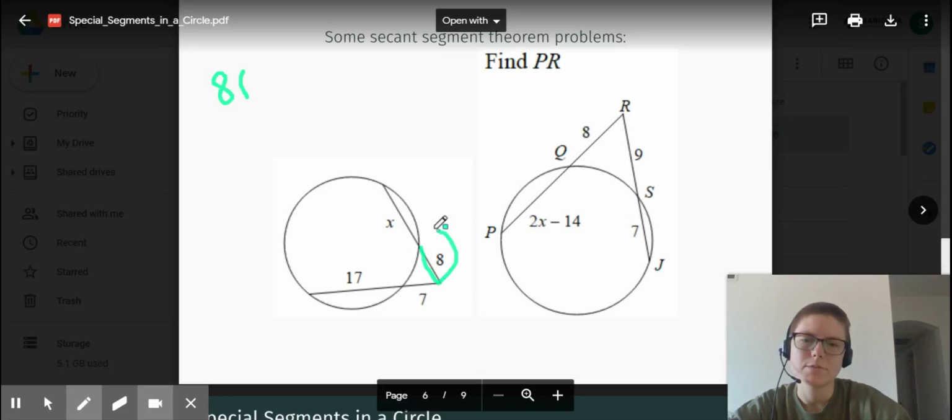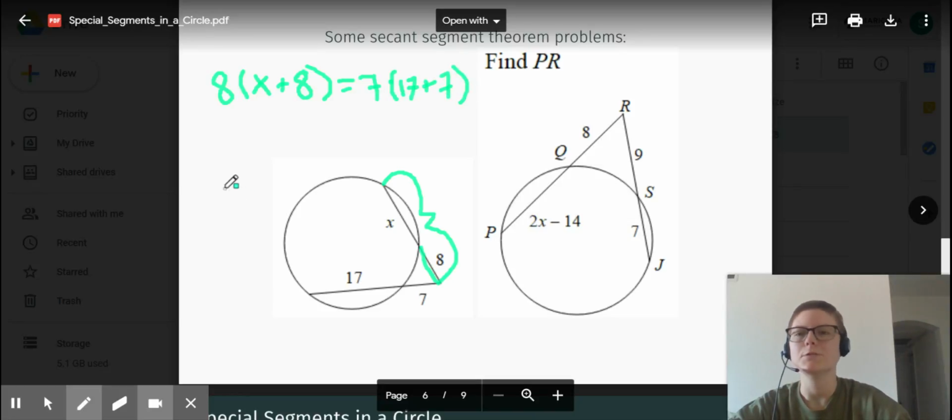We need to multiply it by the whole thing, which is x plus 8, and that should equal 7 times, and I'll just go ahead and write it the same way, 17 plus 7, even though we could easily do the addition before we do that.